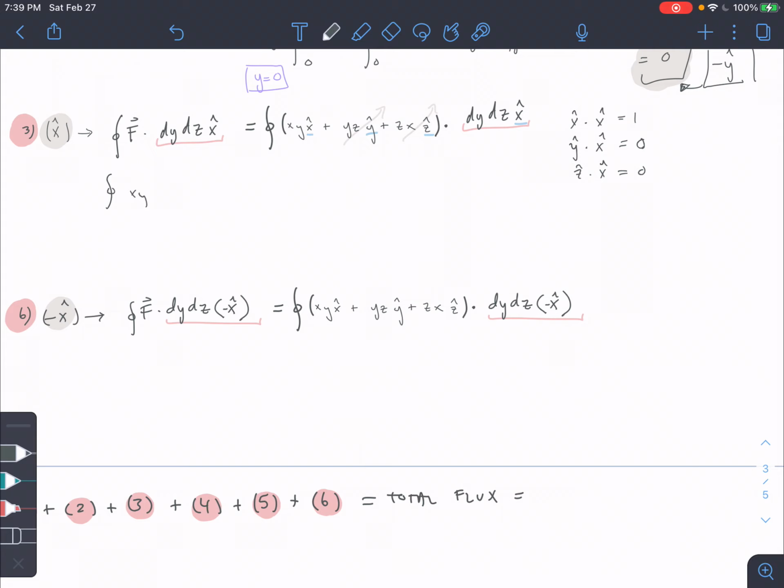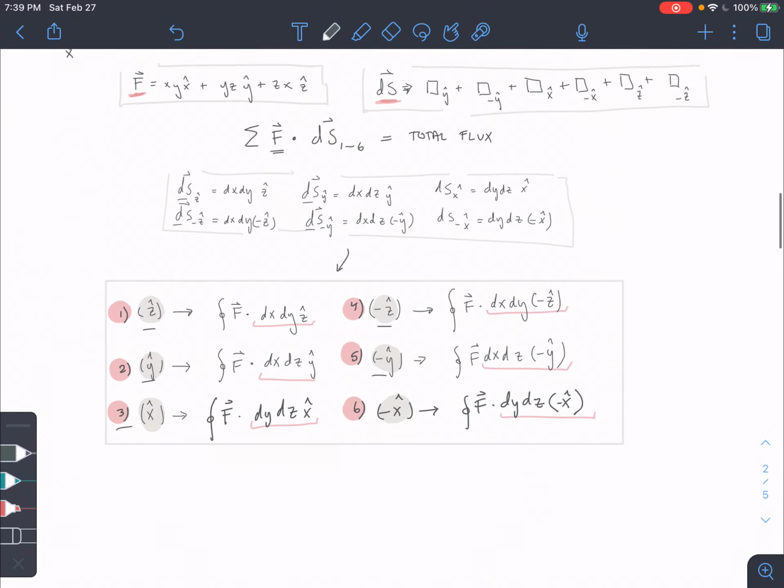Okay, xy dy dz x hat is going to be equal to xy dy dz. So let's break that up and find our bounds. We pull out our x because that one's constant, and then we have y dy and dz. We saw before that z goes from 0 to 1 and y goes from 0 to 1.